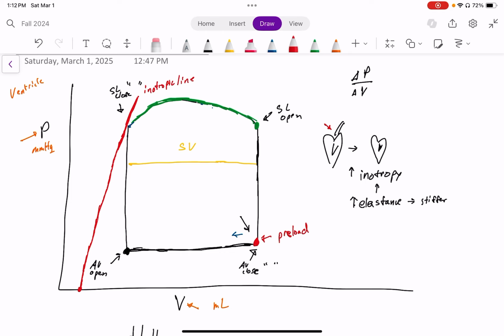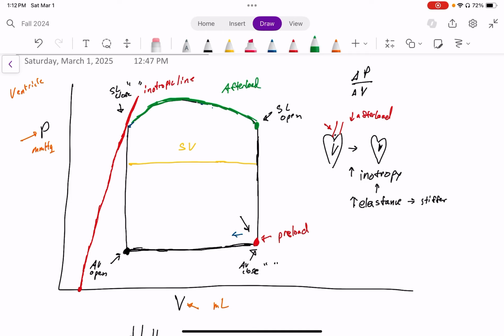Now, on the other hand, if the aorta is bigger, if it's vasodilated, that means it's easier to push blood into it, and so there's less resistance. And that means that's a decrease in afterload. Okay, so afterload is the load on the heart to prevent the blood from leaving.